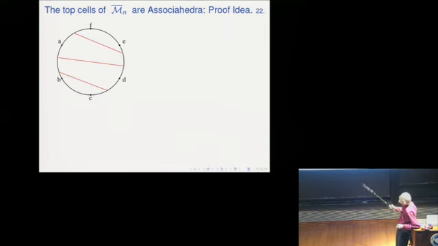Let me first describe what a vertex of a top-dimensional cell of Mn looks like. The top-dimensional cell is represented, in this case for n equals 6, by 6 points arranged in order around a circle. Now, if we pass to a face, we have to separate these into 2 sets.